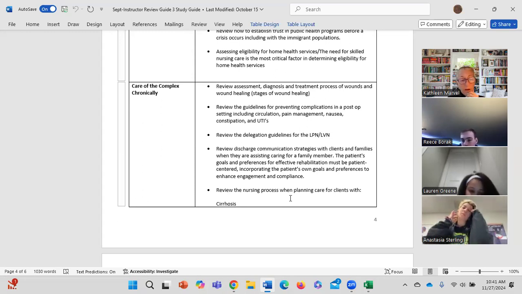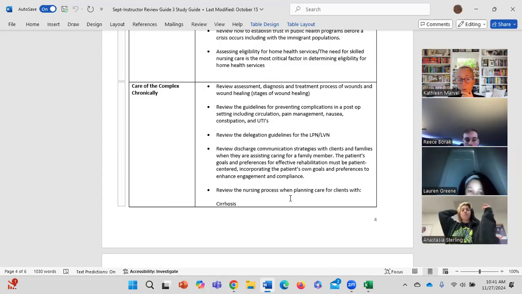That was in chapter 5 of your med-surg book in the care of the post-surgical patients. There was a small section you need to read, the initial care of the post-op patient. That's where this is coming from.